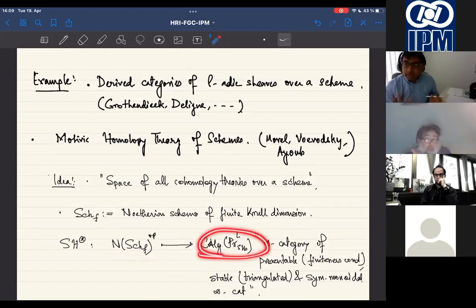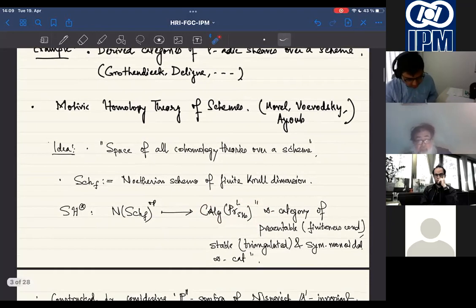And here is some target object, which is a category where objects are presentable. Presentable here means that it has some finiteness condition. That means objects are like sheaves, and every sheaf can be written as a filtered colimit of presheaves, which is due to the Yoneda embedding and such axioms. And it's called stable.